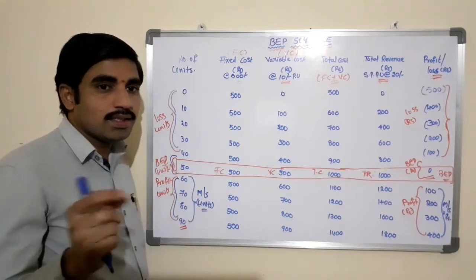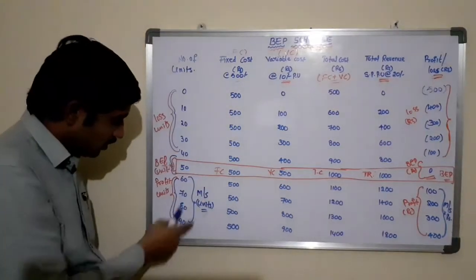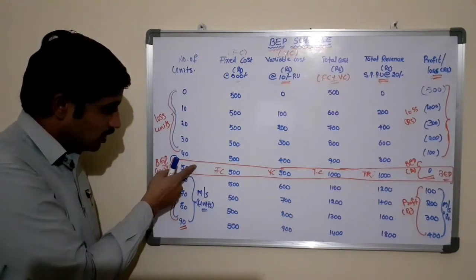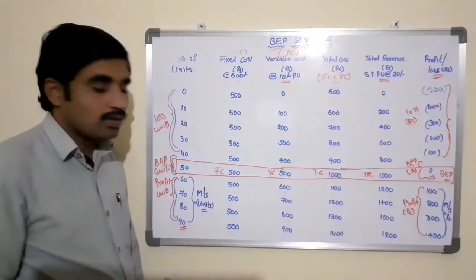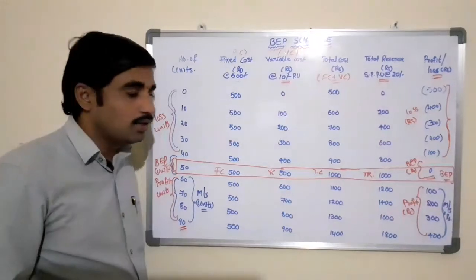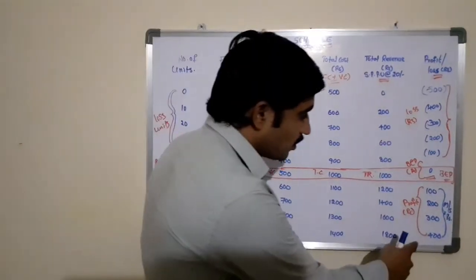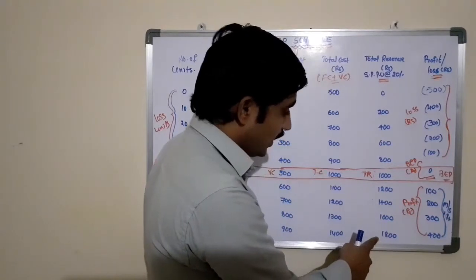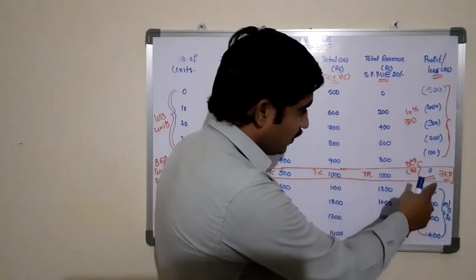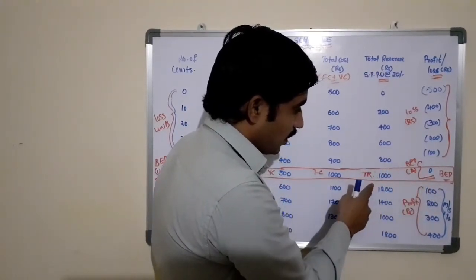because margin of safety means total sales minus BEP sales. What is total sales? 90. What is BEP sales? 50. The difference between these two, 40 units, is known as margin of safety in units. Similarly, in terms of value, the total revenue is 1800 and BEP revenue is 1000.